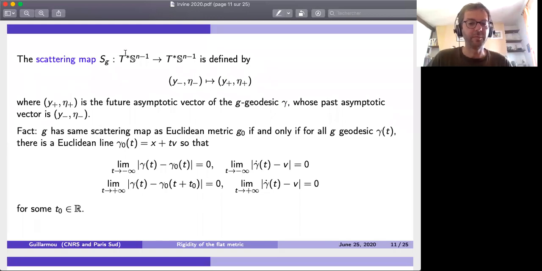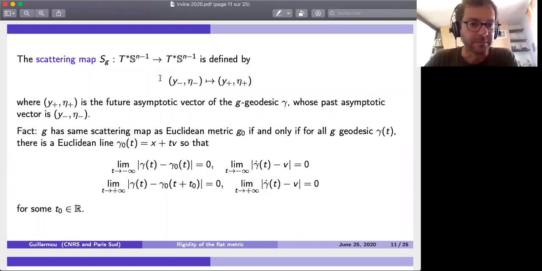So it defines a map, S of G, which takes the cotangent to the sphere to the cotangent to the sphere. It can be shown that it's actually a symplectic map. Usually in the field, people call it the scattering correlation also. But we can also view it as a map in that case.